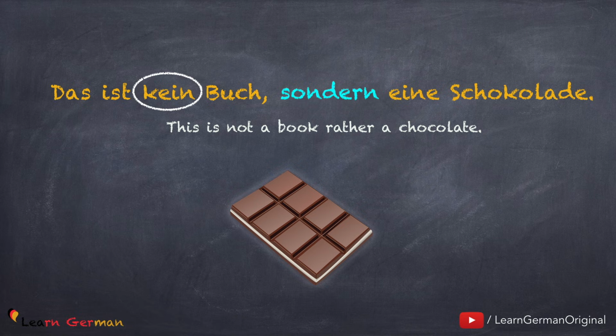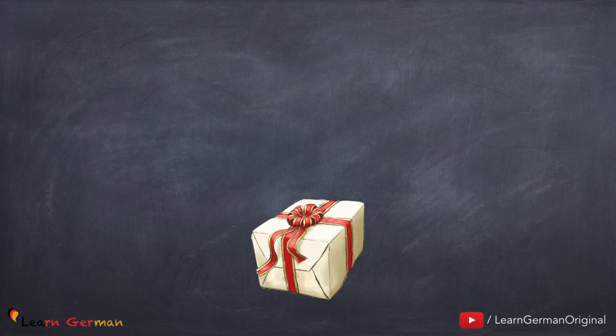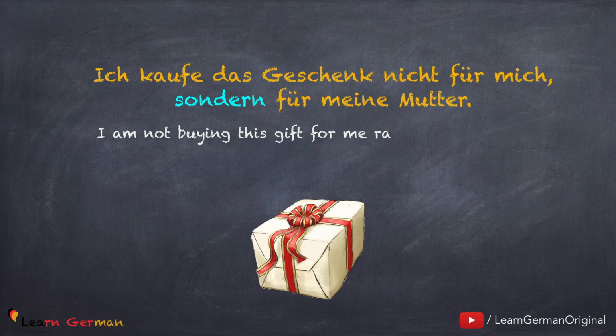Do remember that the first sentence with sondern is always in negative. Here's another example. Ich kaufe das Geschenk, nicht für mich, sondern für meine Mutter.